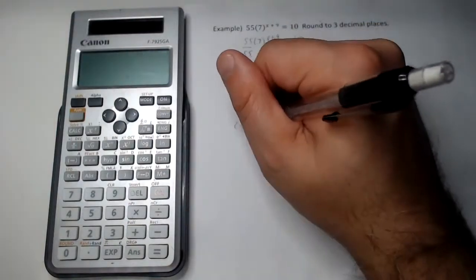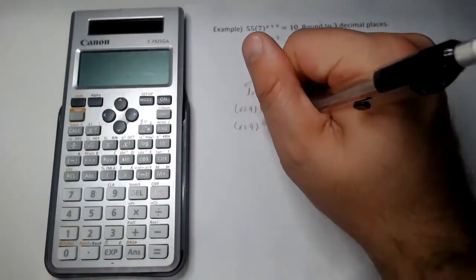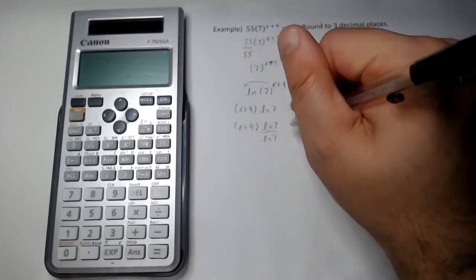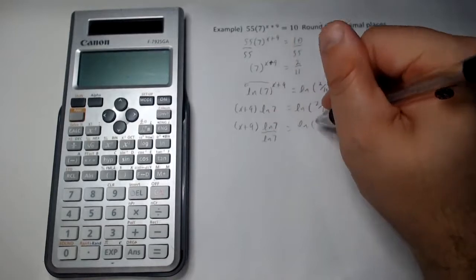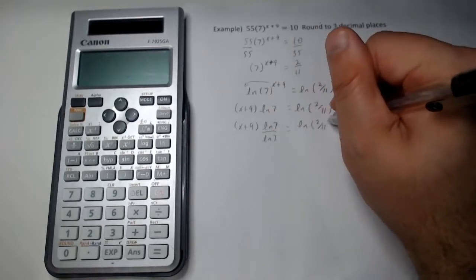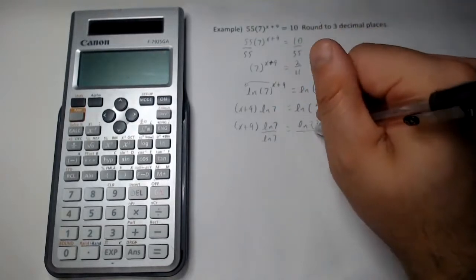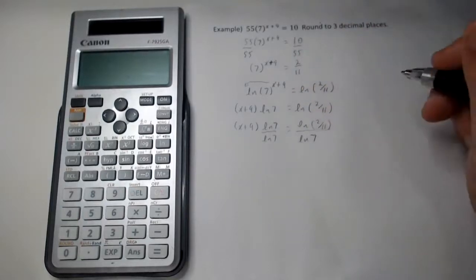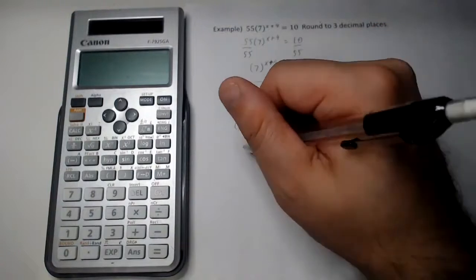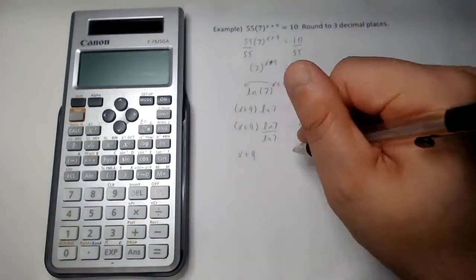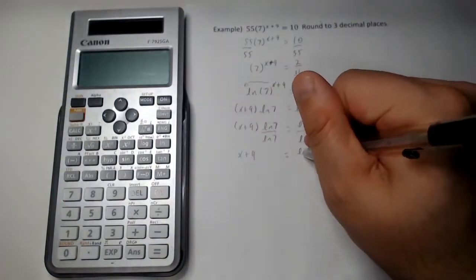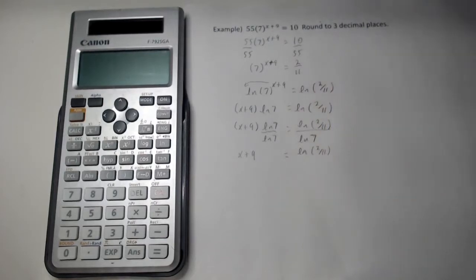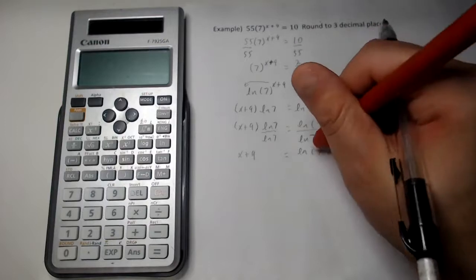Consistent with how I've done other problems, I will divide off the log that is on the left side. So all I have is x plus 9 equals the natural log of 2/11. Okay, I'm going to make that look more like a fraction.